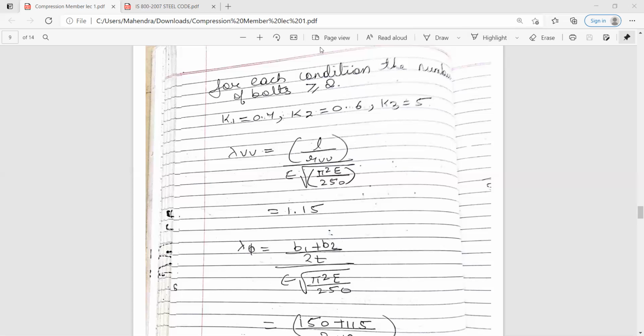देखो सॉल्व करके आपको लैम्बडा VV 1.15 मिलता है या नहीं. Yes, all of you had got the value for lambda VV, that is 1.15.